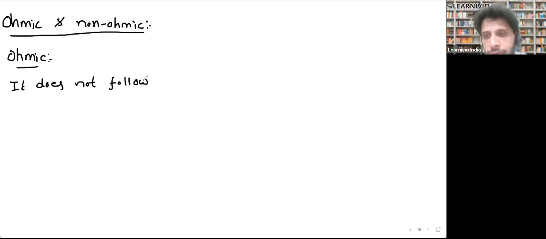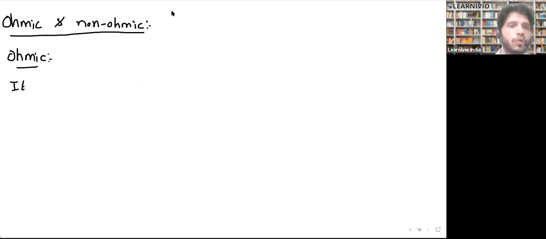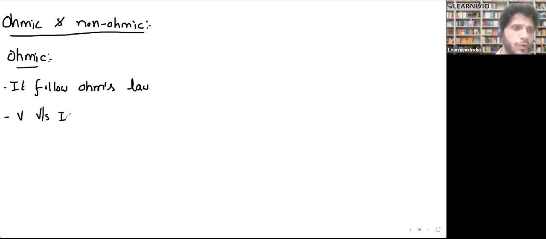They follow Ohm's law. V versus I graph is a straight line.